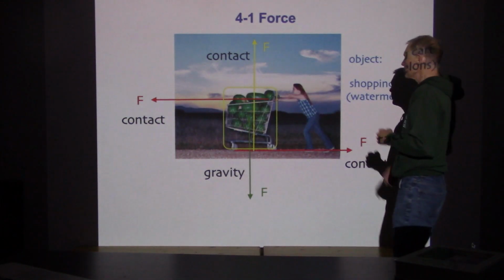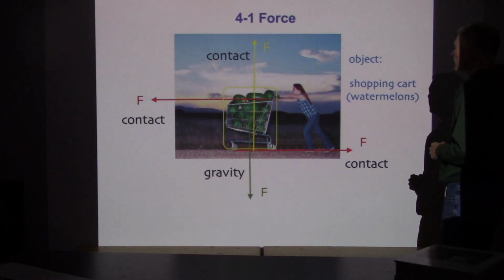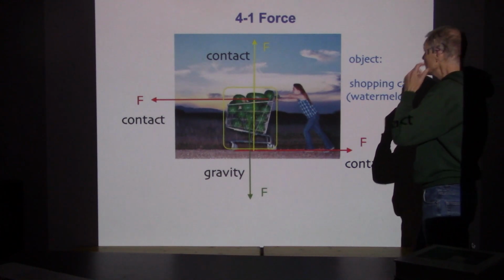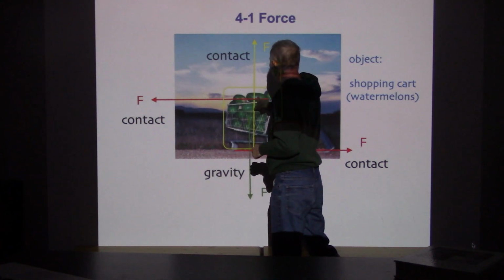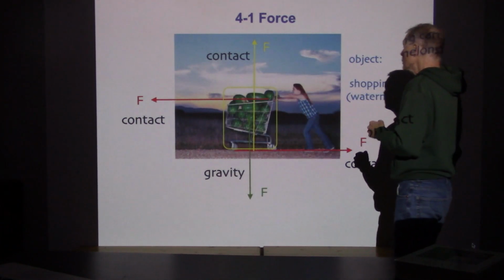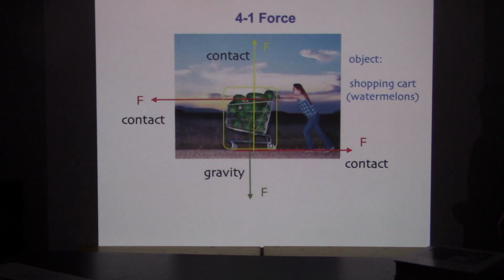Now we'll look at friction in more detail in the next chapter, but anyway, there's a contact force due to that, and then there's also a contact force due to the person pushing on the cart. So this cart has, I'm going to say, 4 different forces acting on it.